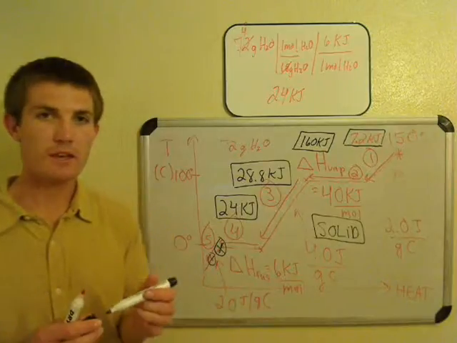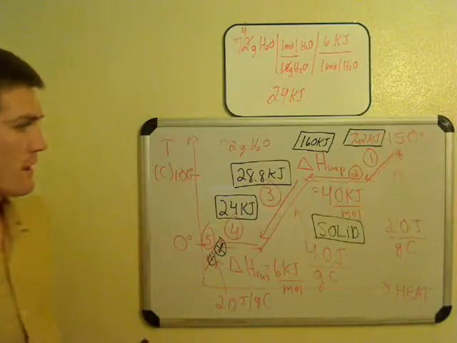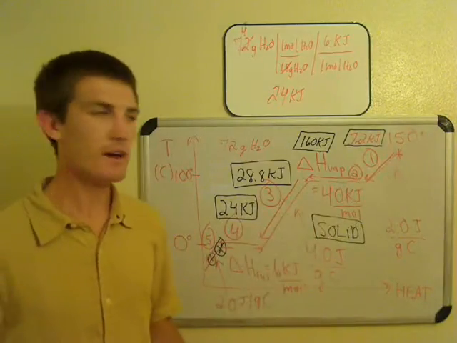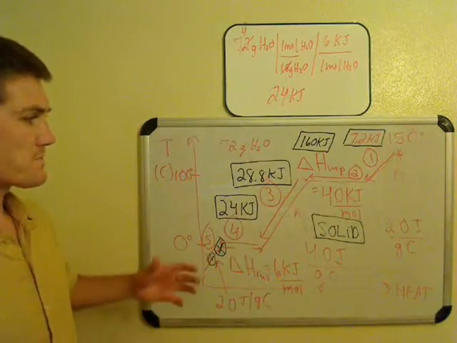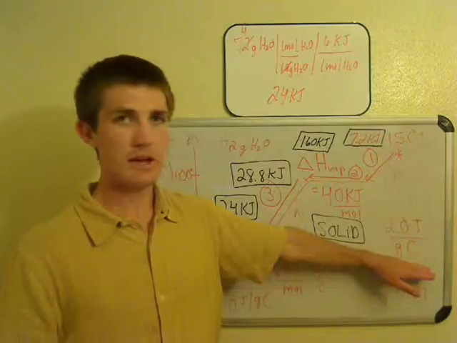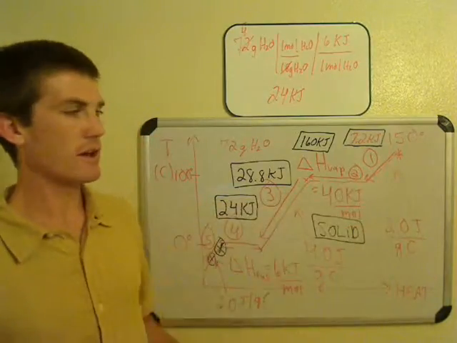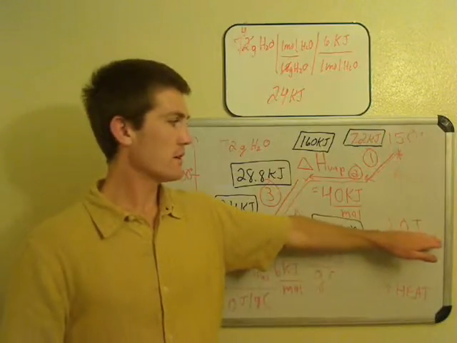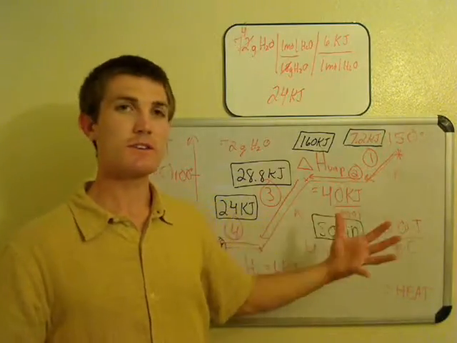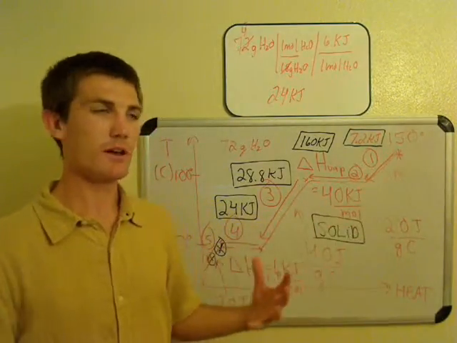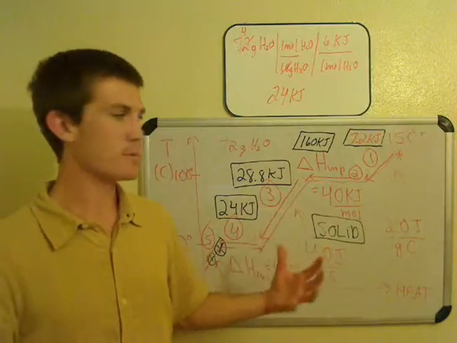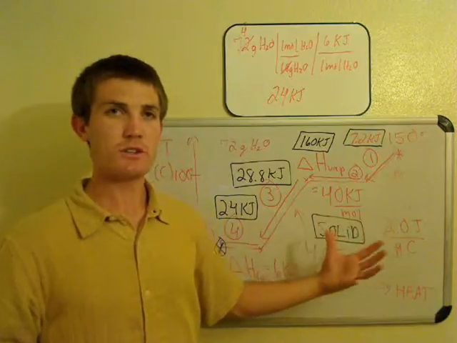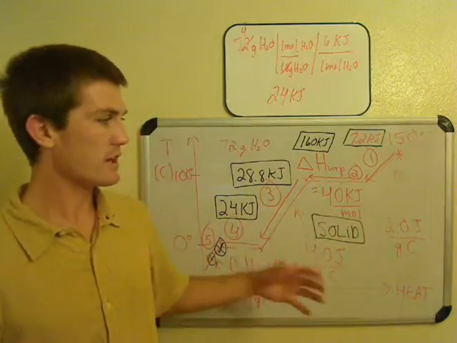So the key to this problem, I think, is that drawing out the heating diagram helps. We're given the heat capacities and the enthalpies, and then really relying on the units to guide you as to what you need to multiply the different numbers by. We wanted to end up in units of energy, so joules or kilojoules in each case.